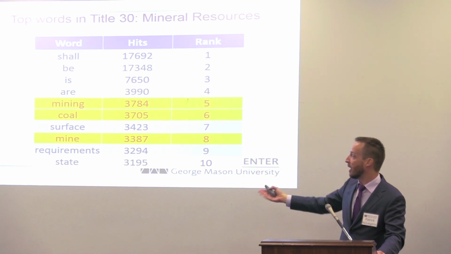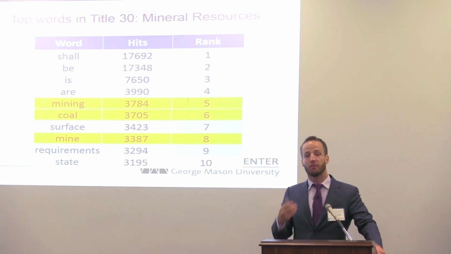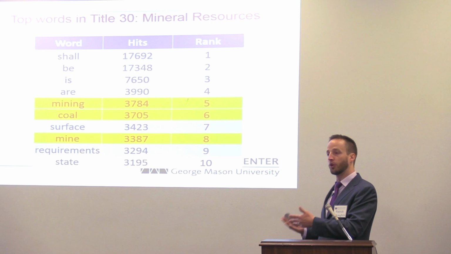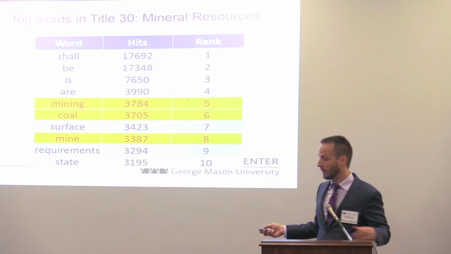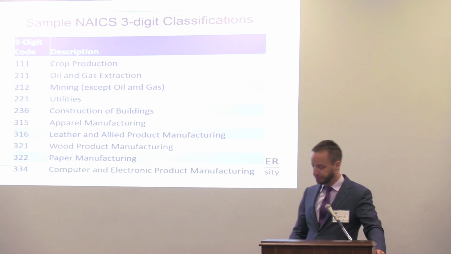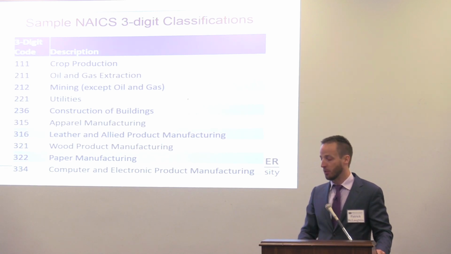Just by the fact that mining and coal are mentioned there. So that tells you that there's something to looking for words, looking for keywords, and the whole methodology here has some logic behind it.